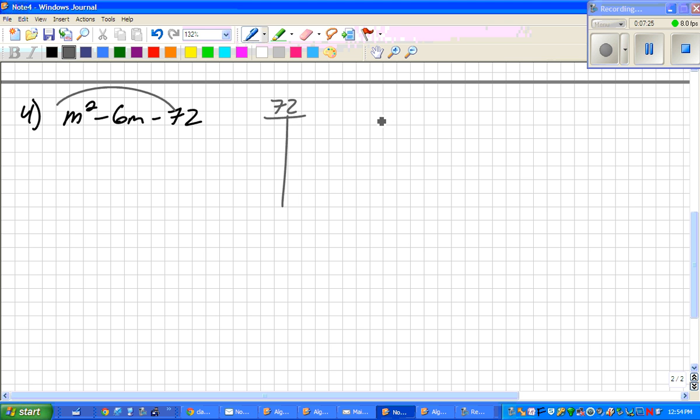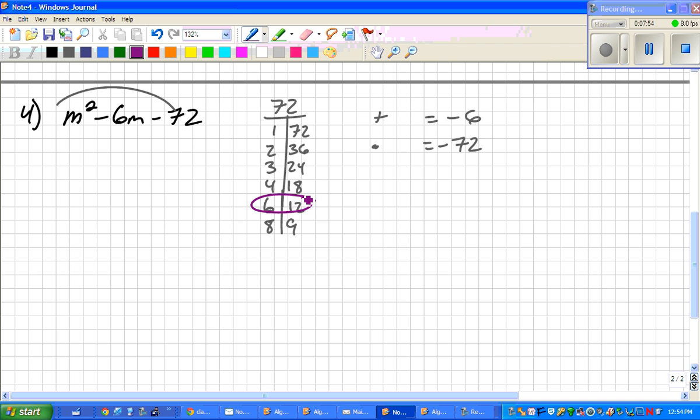You're looking at the factors of 72 because you want numbers that add up to get to negative 6 and multiply to get to negative 72. So 1 and 72, 2 and 36, 3 and 24, 4 and 18, 6 and 12, and then 8 and 9.